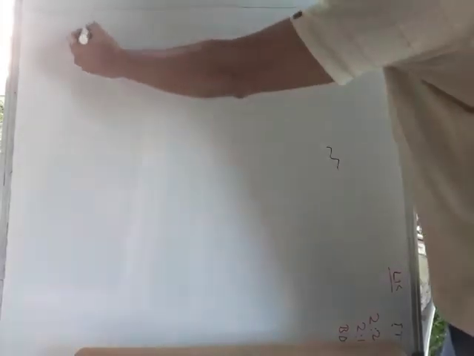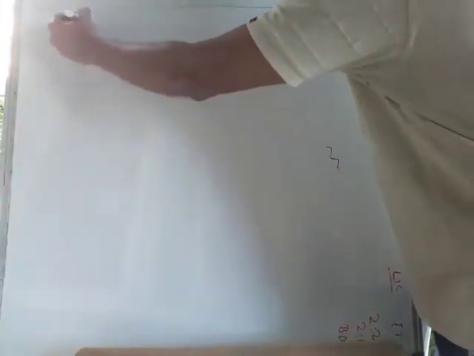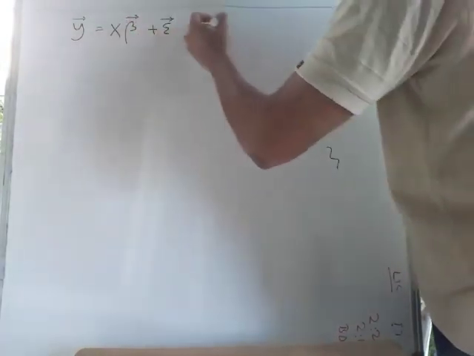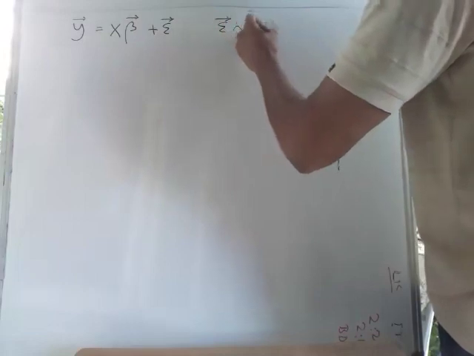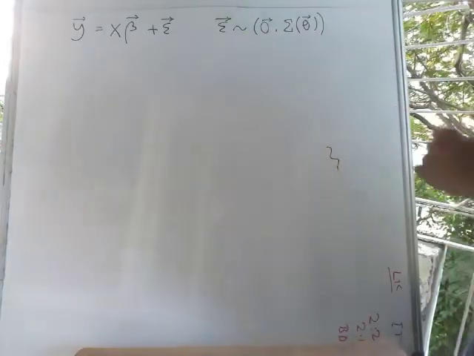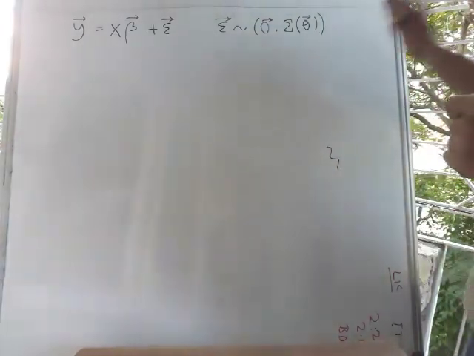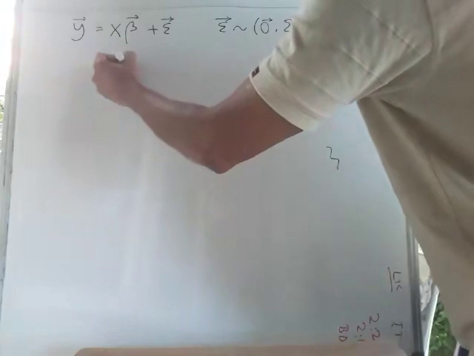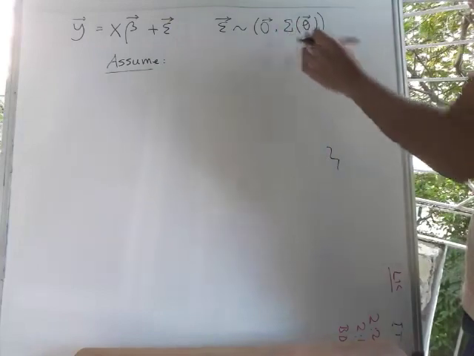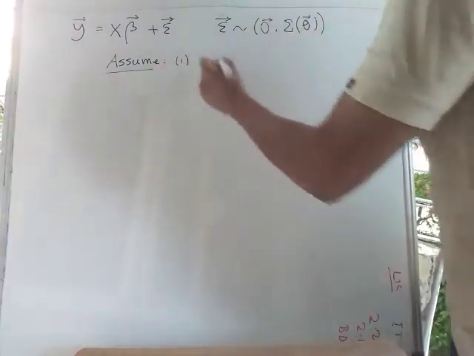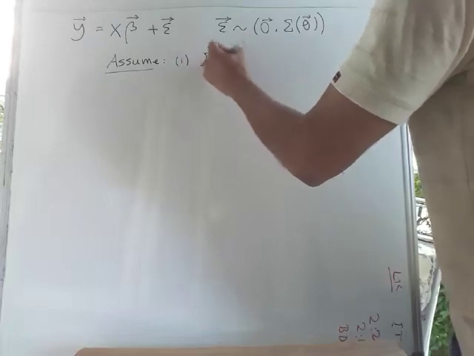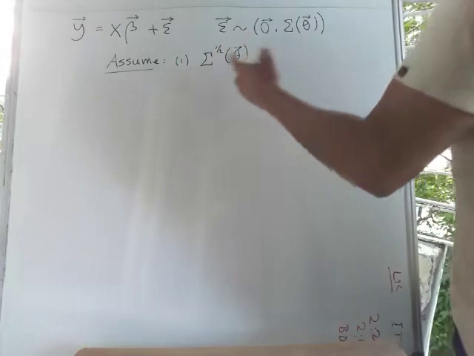Now for this technique, we start with y equal to X beta plus epsilon, where epsilon has mean 0 and variance given by some particular structure. Now we assume that we have two things. Number one, these are computational assumptions on basically the structure of capital Sigma. One, we can find the Cholesky decomposition or some such square root decomposition analytically.